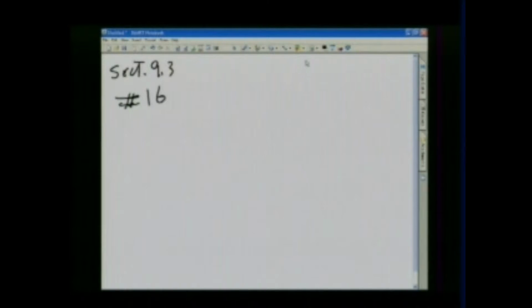Again, the slope of a tangent line, as I said, is the same as the derivative of a function. So here, number 16, the function is given to you as f of x equal to 2x squared plus 5x.